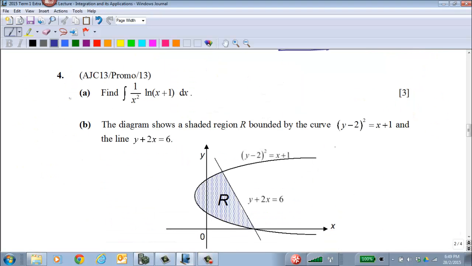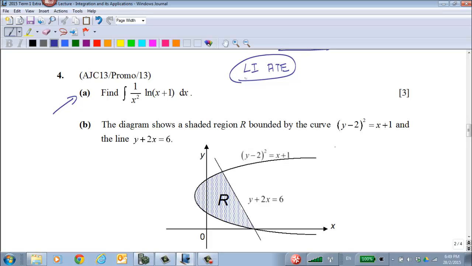Okay, for question 4a, how do we do this is that we'll be doing by parts. But how do we know that this has to be done by parts? If you recall by parts, there are these 5 letters that help you remember how to select the part that you want to differentiate.